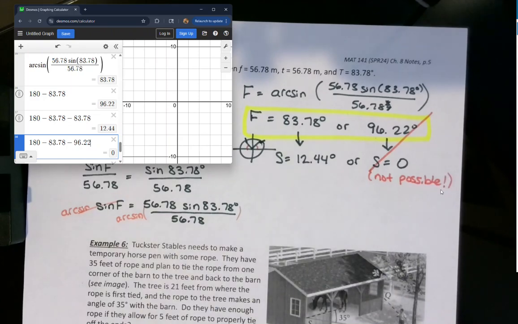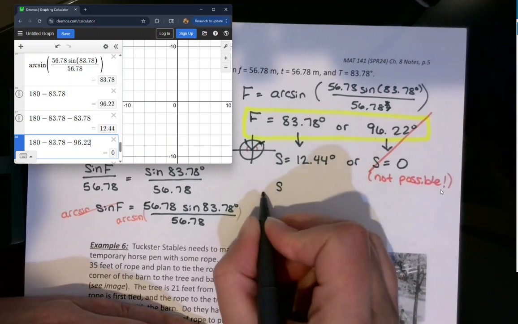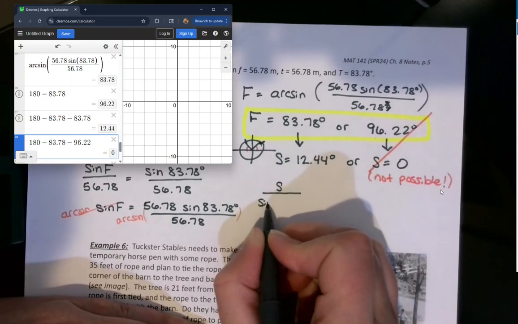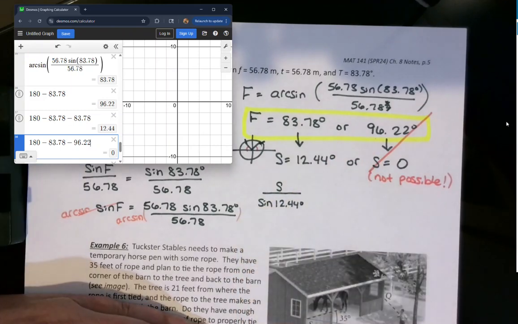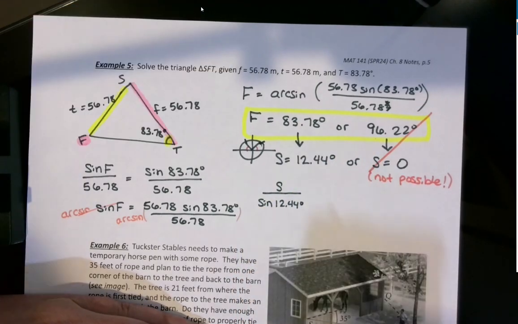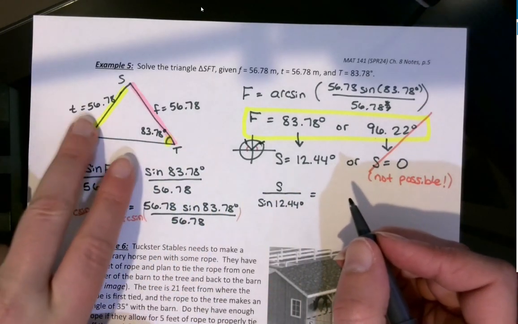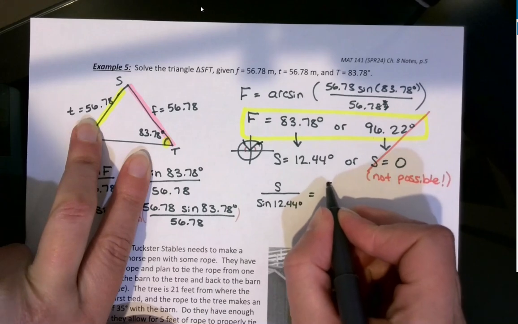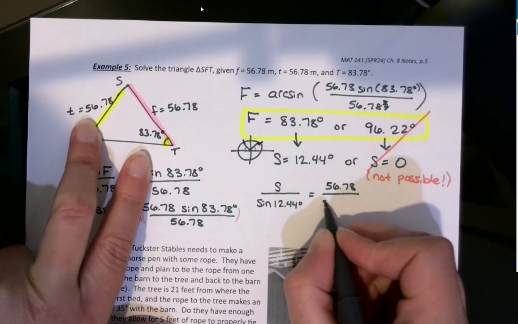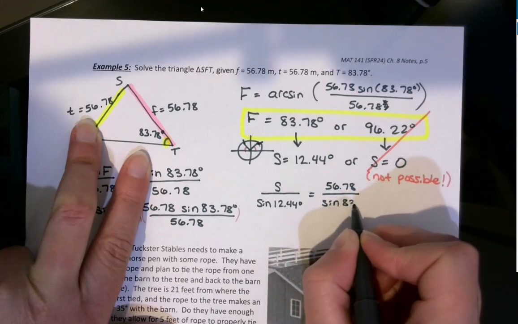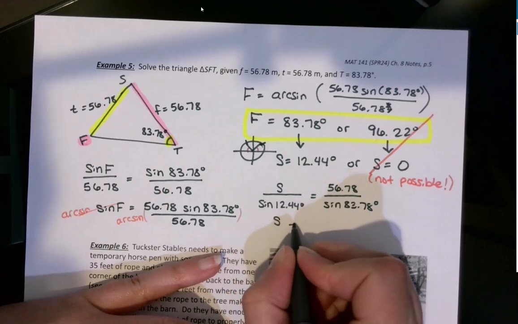This is going to lead us to one solution here, and we need to find that missing side, side S. So side S over the sine of angle S, the 12.44 degrees, equals, I'm going to use the TT pairing here, side T, 56.78 over sine 83.78 degrees.